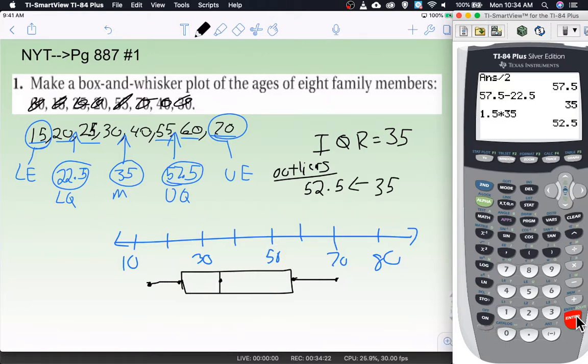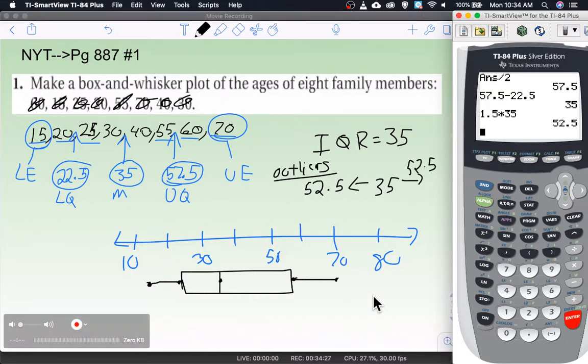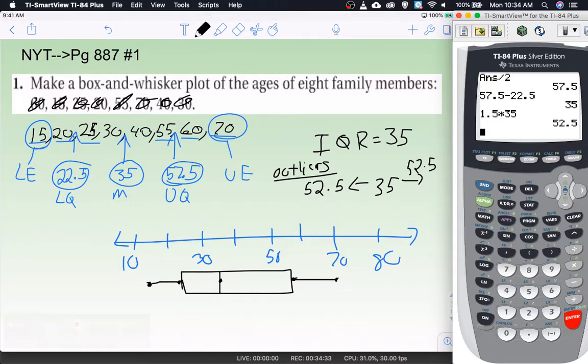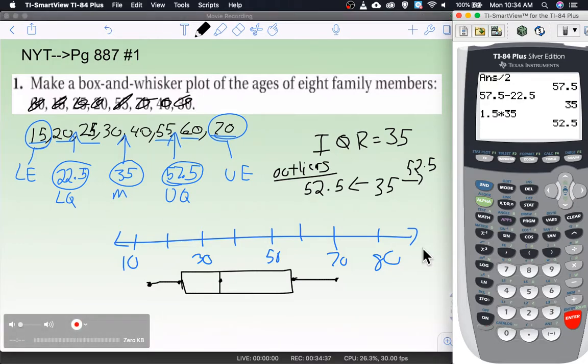So 52.5 that way, 52.5 that way, which none of these values are 52.5 away from 35. So all of those values are good. There were no outliers. But in case you were curious and you wanted to know, there you go.